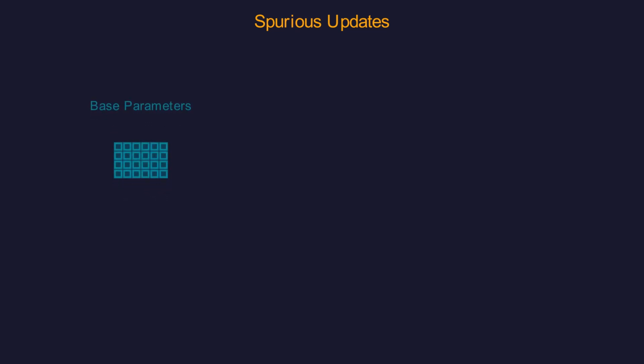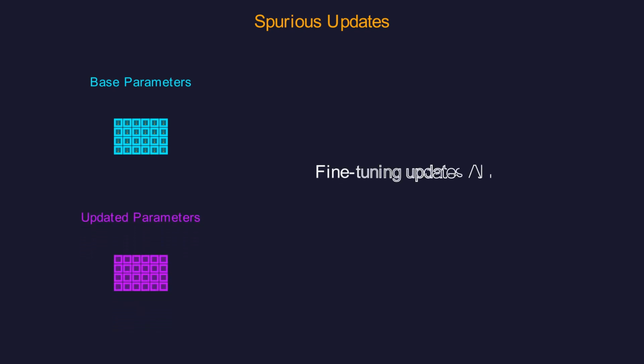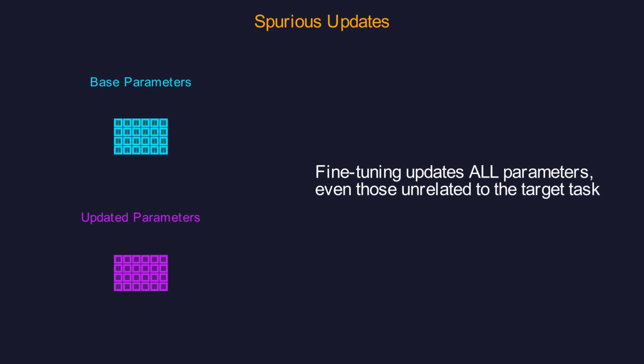And the reason why this is happening is because of what I call spurious updates, where fine-tuning updates every single parameter in the base model, even those which are not important, even those which are unrelated to the task.